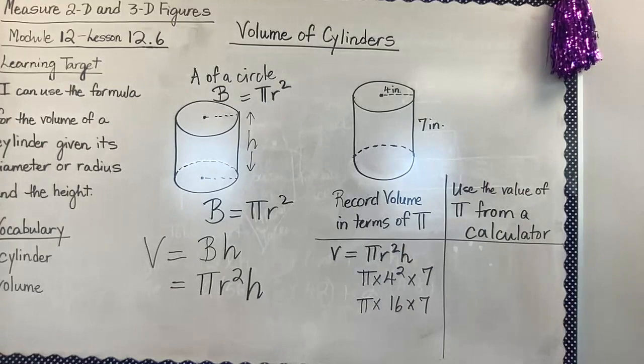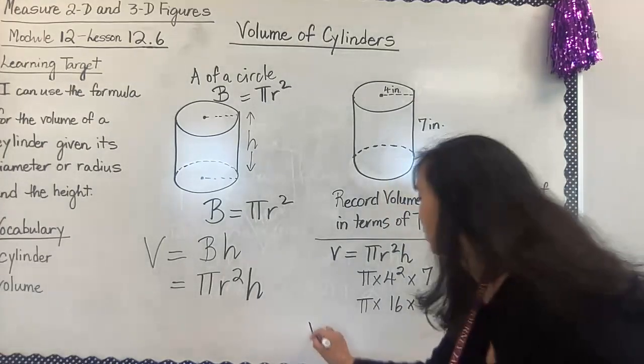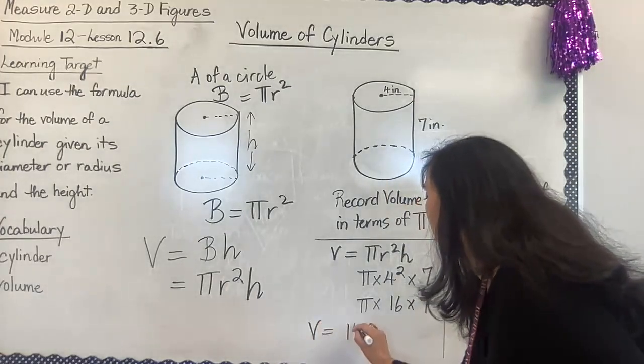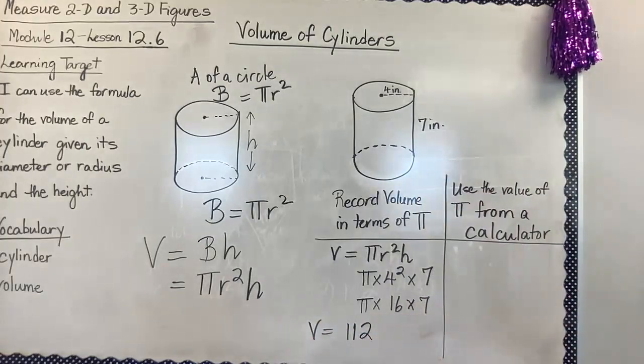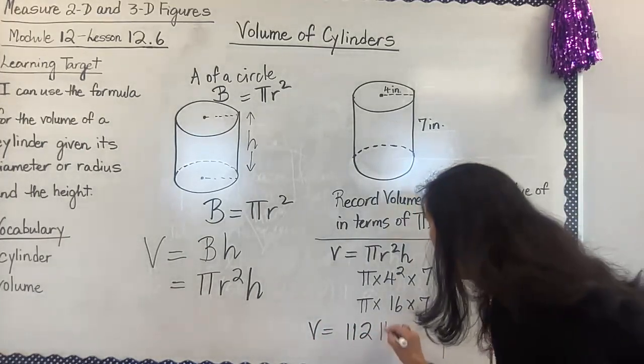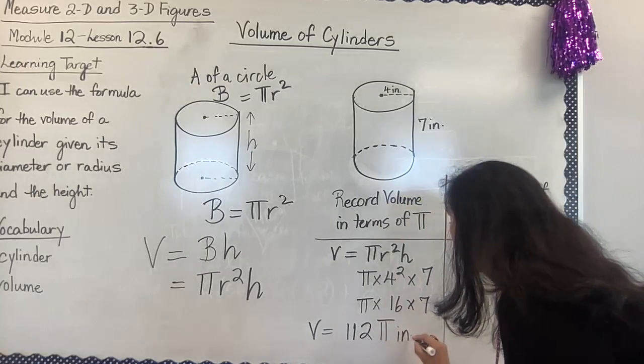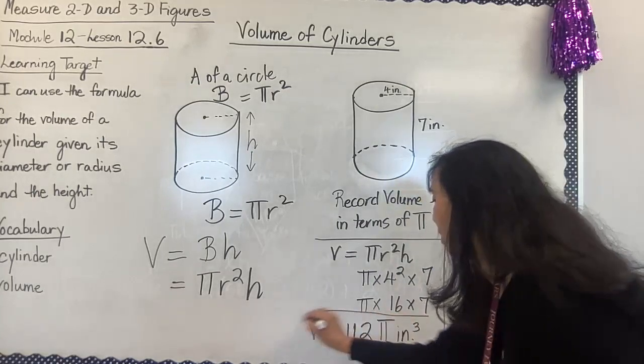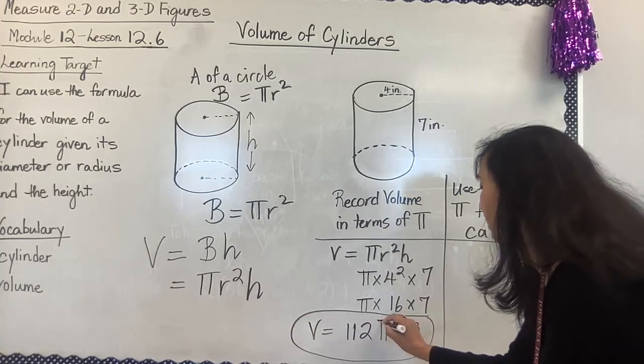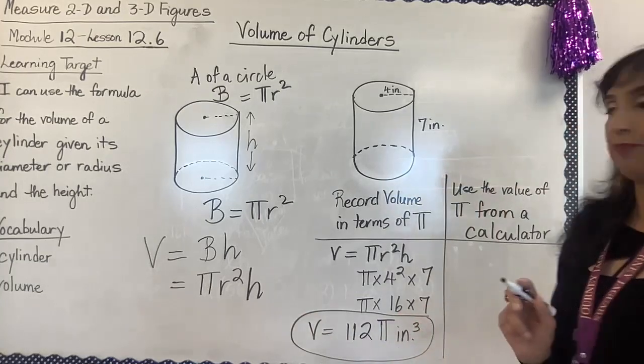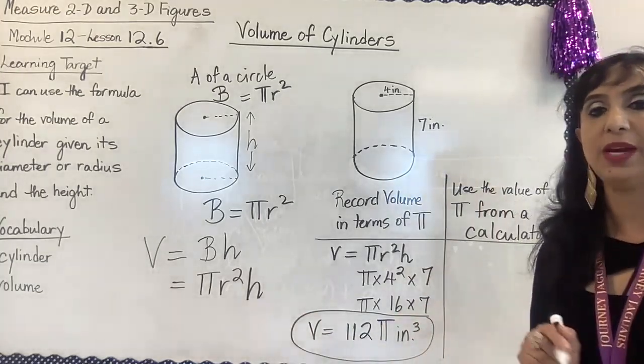Volume is going to be 112 pi inches cubed, because volume is always in cubic units. If I am leaving it in terms of pi, this is what it is.